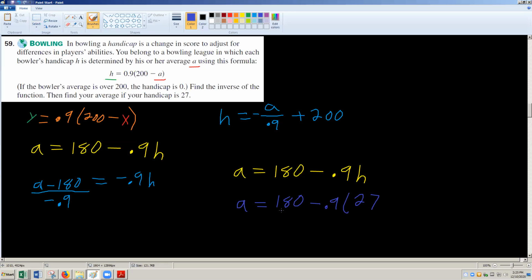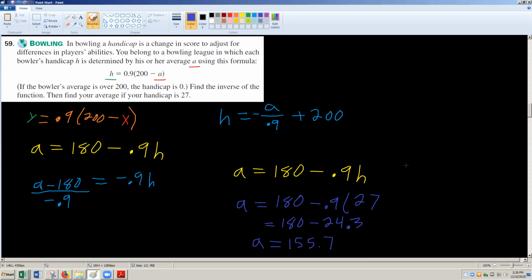So 0.9 times 27 gives me 24.3. So we would say the bowler's average is about 155.7. Probably the lowest Spencer's ever bowled.